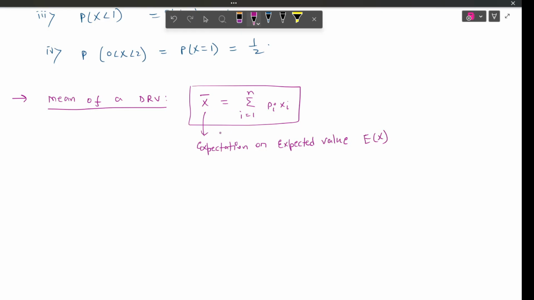In engineering mathematics, it is very useful. In case of a frequency distribution, you have to find the mean by 1 by n, that is total number, times f1 x1 plus f2 x2 in this way.